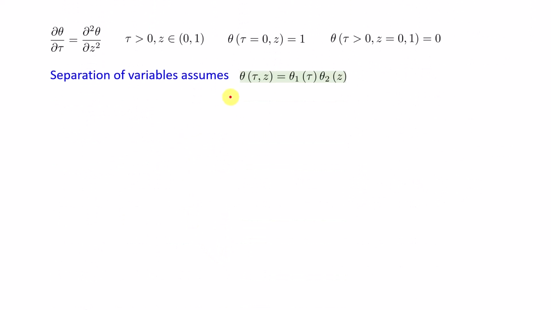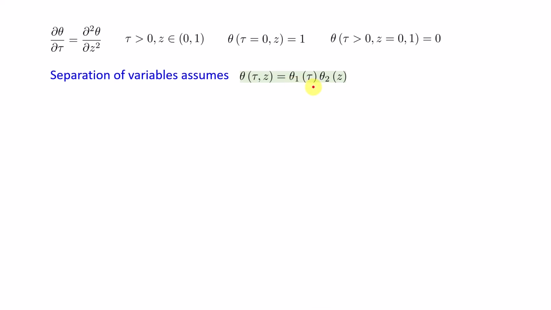Okay, so now with this separation of variable, what we can do is that this theta 1 is only a function of tau and theta 2 is only a function of z. So any derivative of theta 1 or theta 2 is actually an ordinary derivative, not partial.